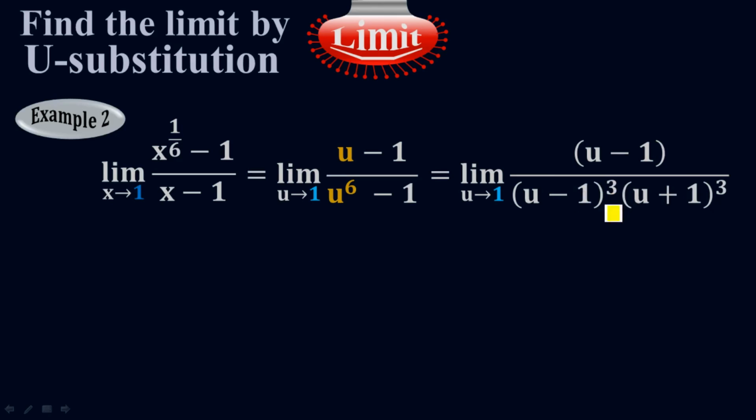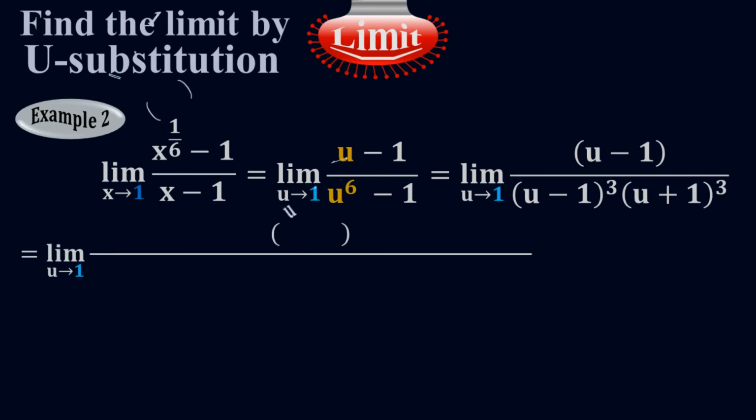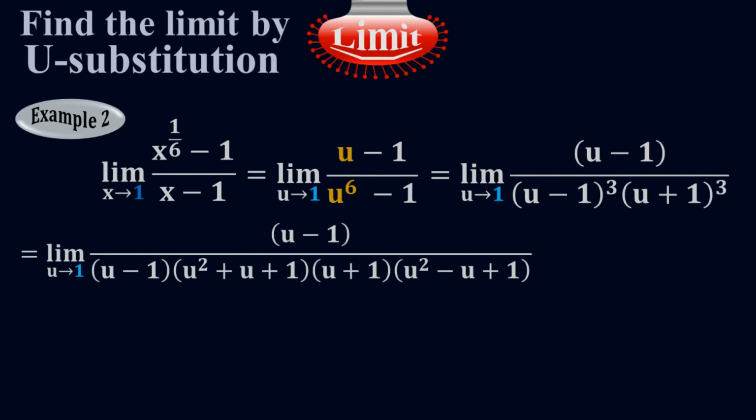Now I have two formulas here. One is a minus b to the whole cube and the other is a plus b to the whole cube. So just apply the a minus b to the whole cube formula here and the a plus b to the whole cube formula here. I will have the limit of u minus 1 over u minus 1 into u square plus u plus 1 into u plus 1 into u square minus u plus 1, where u approaches 1.